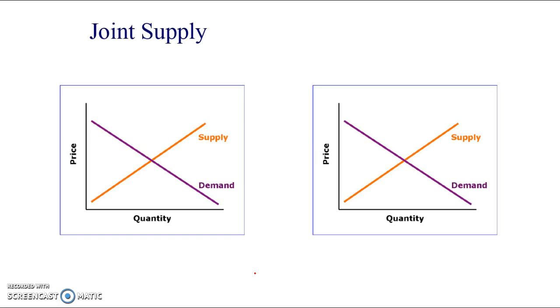So first, let's have a look at the market for beef and leather, which we're calling joint supply.